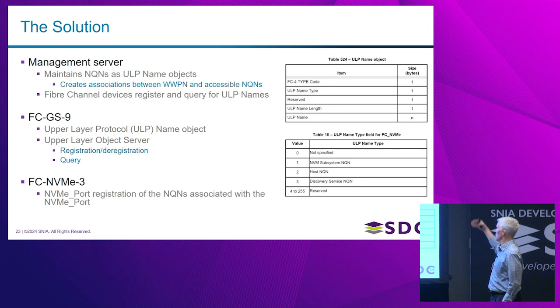So that provides us with a mechanism for registering that information, providing an association by worldwide name. That is, each port can then be associated with the NQNs that you can see behind it. And then that information can be presented to the SAN administrator who can then set up his zoning and his access control at the NVMe level in such a way that they all line up.